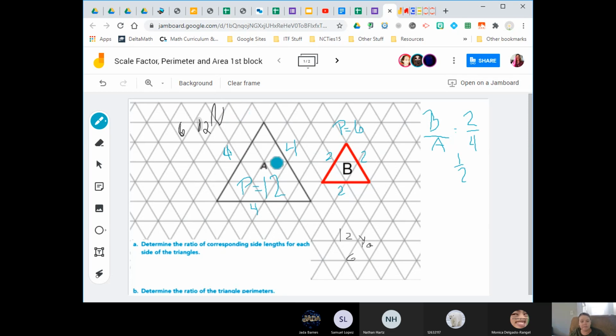All right. What if I wanted you to find the ratio of the perimeter? So the perimeter of B and the perimeter of A. So the perimeter of B to the perimeter of A, what would our ratio be?